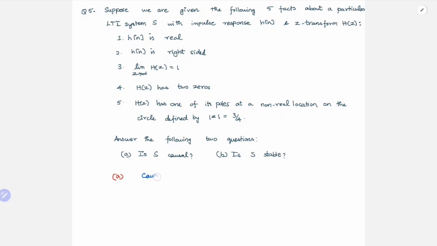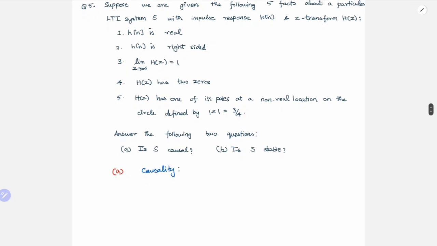So causality. From the first fact, what can you observe? Your h of n is real, which means your poles and zeros occur in complex conjugate pairs.